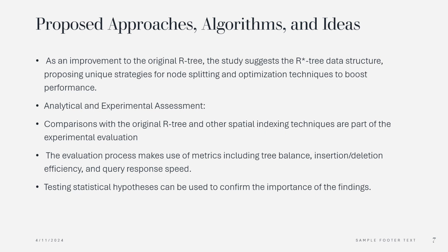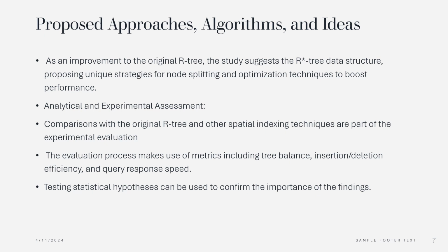In the analytical and experimental assessment, we will compare with the original R-star tree and other spatial indexing techniques as part of the experimental evaluation. The evaluation process makes use of metrics including tree balance, insertion, deletion, efficiency, and speed.